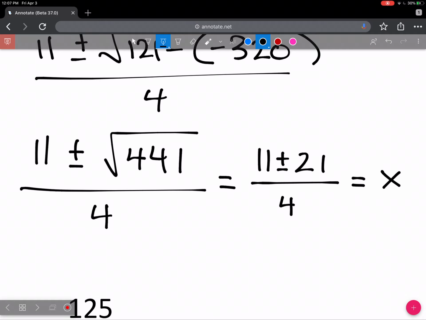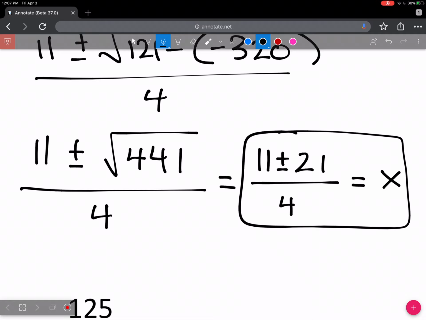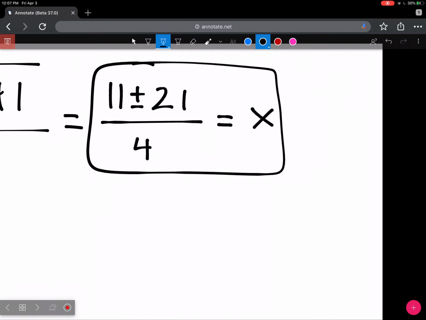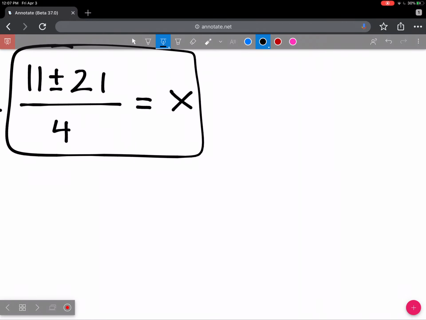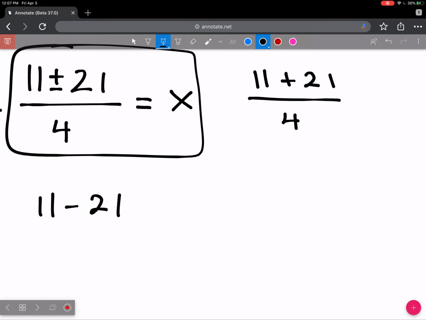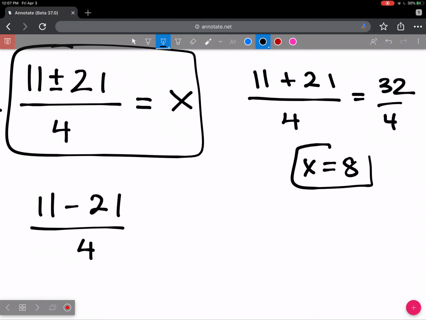Okay, and remember that this is going to satisfy our x values. So now I can expand this for you. So let's do the plus first. 11 plus 21 over 4, and then I'll do 11 minus 21 over 4. Okay, and the two answers are going to be 32 over 4. So one of the answers is x equals 8.